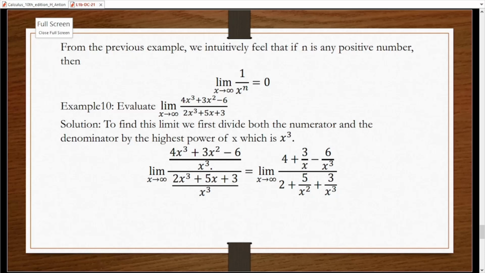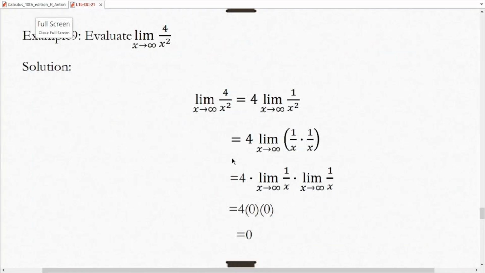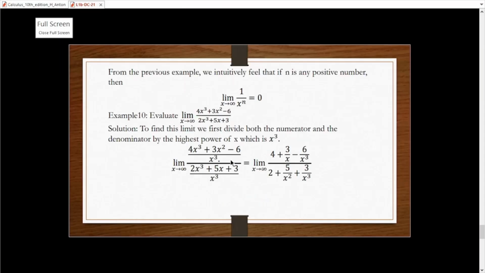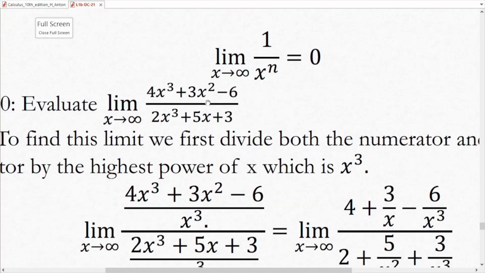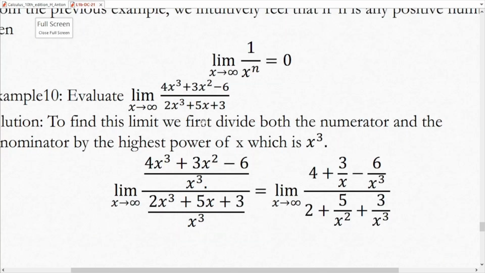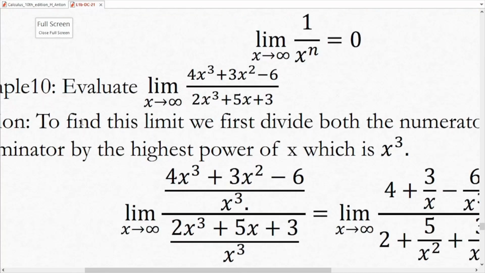Evaluate the limit of 4x cubed plus 3x squared minus 6 all over 2x cubed plus 5x plus 3. Para ma-evaluate mo yung limit niya, take note, limit at infinity.